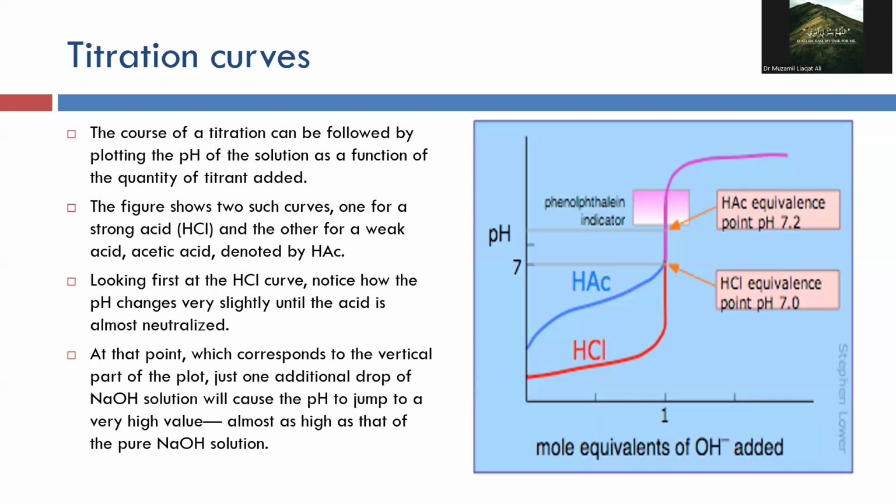Furthermore, the equivalence point pH is more than 7, so the medium would be basic because the conjugate base, acetate, is basic. The jump in this case is less steep.